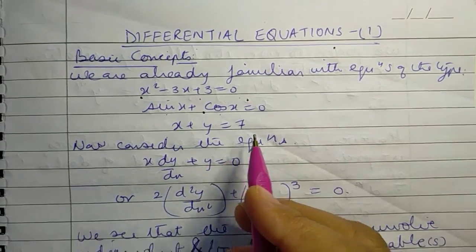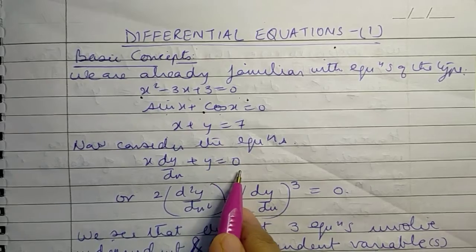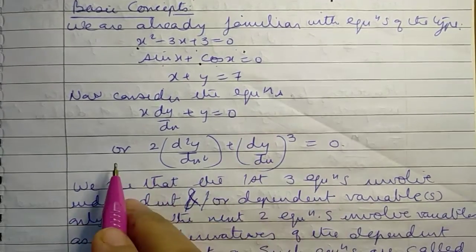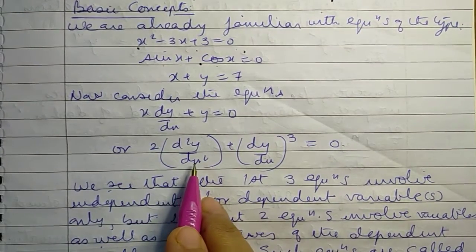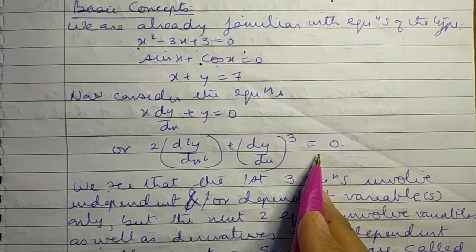Now let us consider equations of the kind x dy by dx plus y equal to 0, or another one as 2 d2y over dx2 plus (dy by dx) whole cube equal to 0.